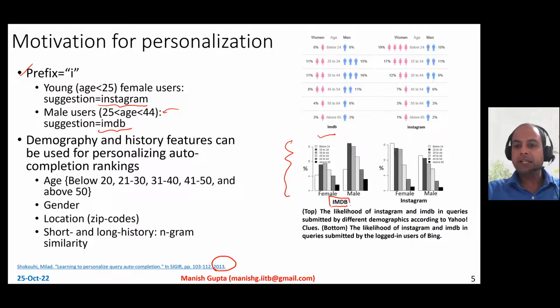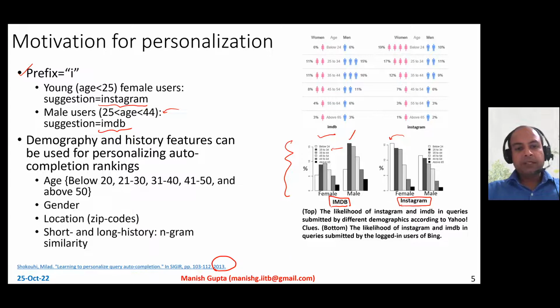As you see, for IMDb, males in a particular age group have a very high likelihood of putting up IMDb as the query, while if you consider the distribution for Instagram, you see that a lot of females below the age of 25 query for Instagram. This basically shows that using these demography attributes for personalization is meaningful and should lead to more effective suggestions.